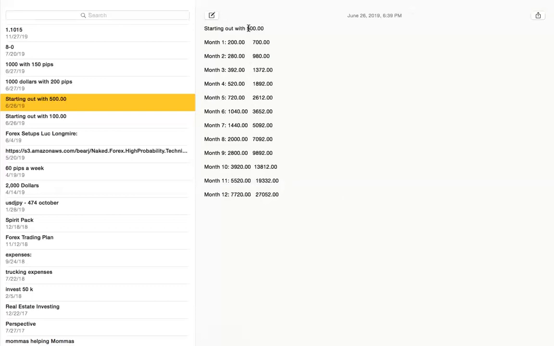Your account will have grown from 500 to 27,000 in a year. And as you compound interest, the more money you're going to make each month.